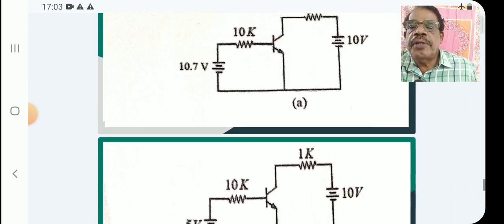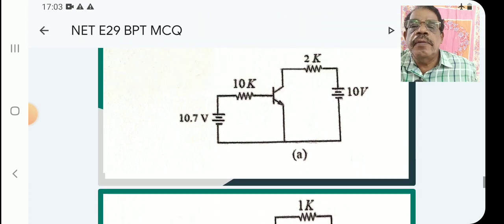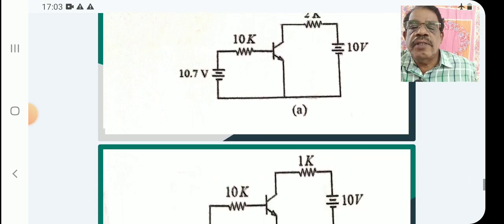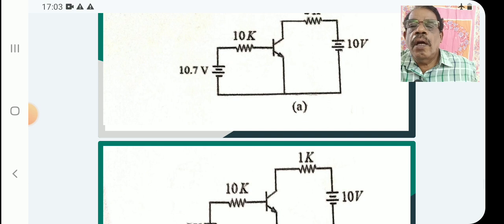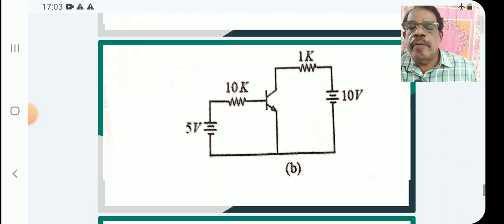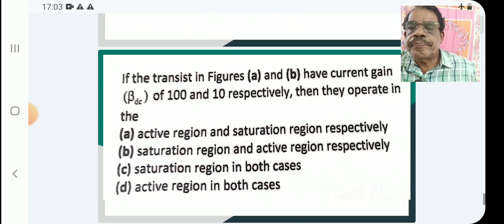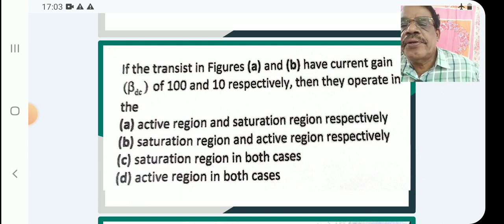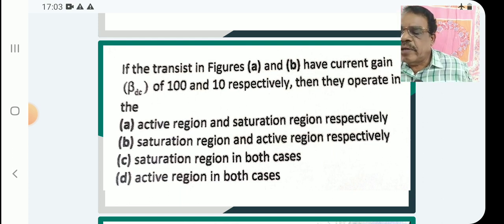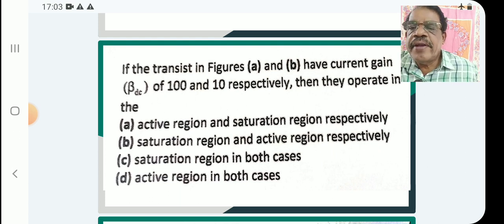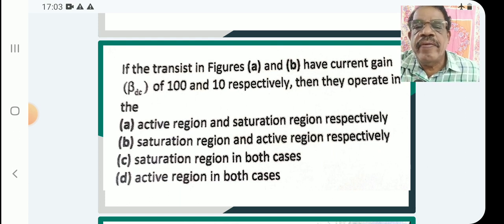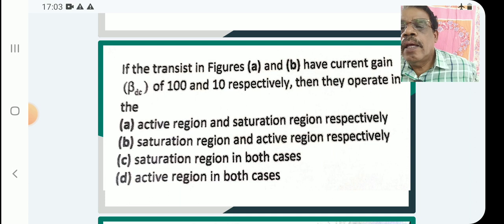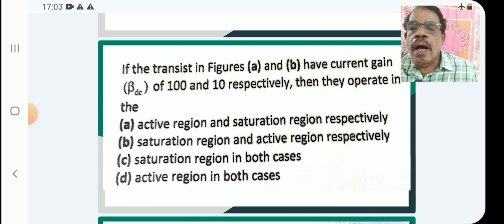The battery changed. Resistor RC changed. Battery changed. VBB changed. If the transistors in figures A and B have a current gain beta DC of 100 and 10 respectively.